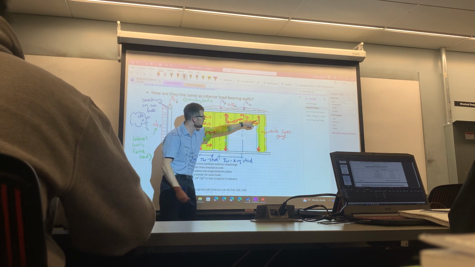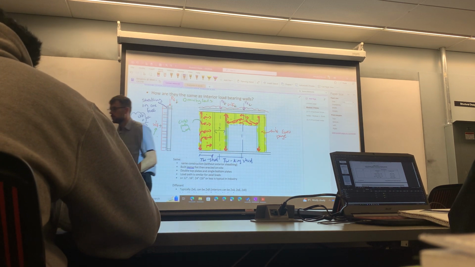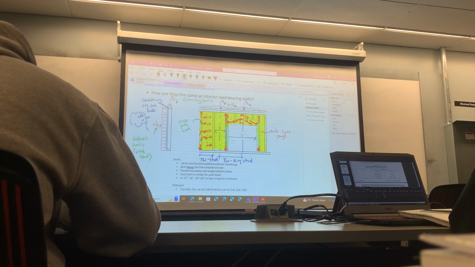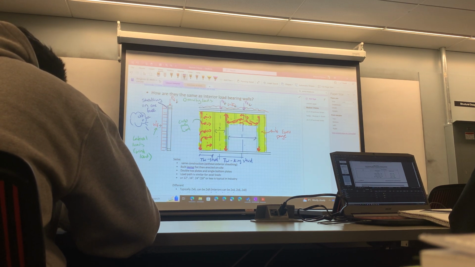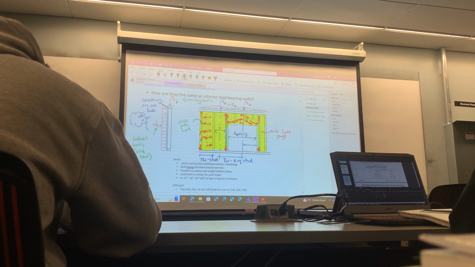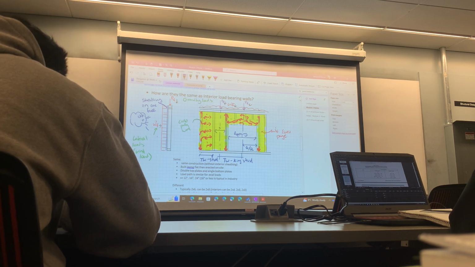So we take the spacing between the king studs divided by 2, which, if it's not clear, I can put in here. So this is L opening, and this is L_O over 2.